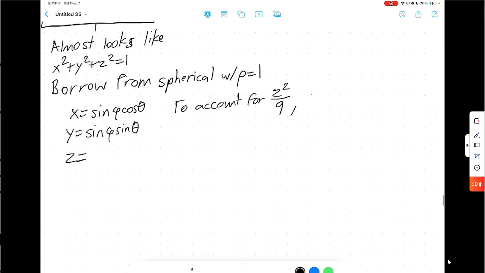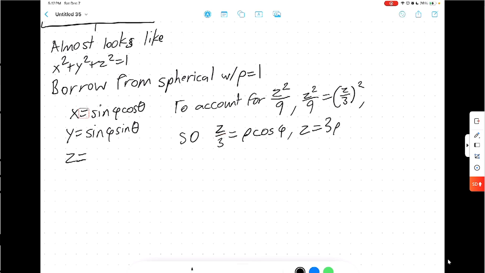z squared over 9. So z over 3 is equal to, this should be cosine phi.